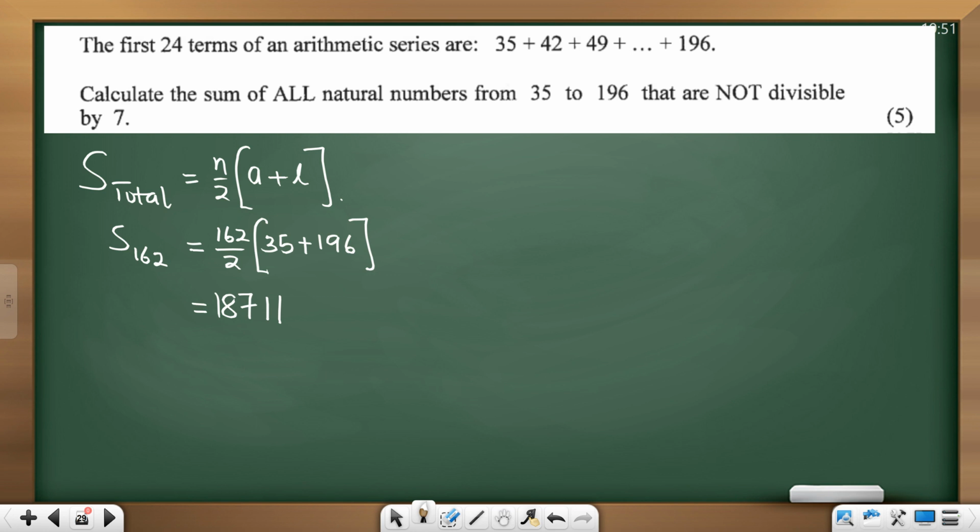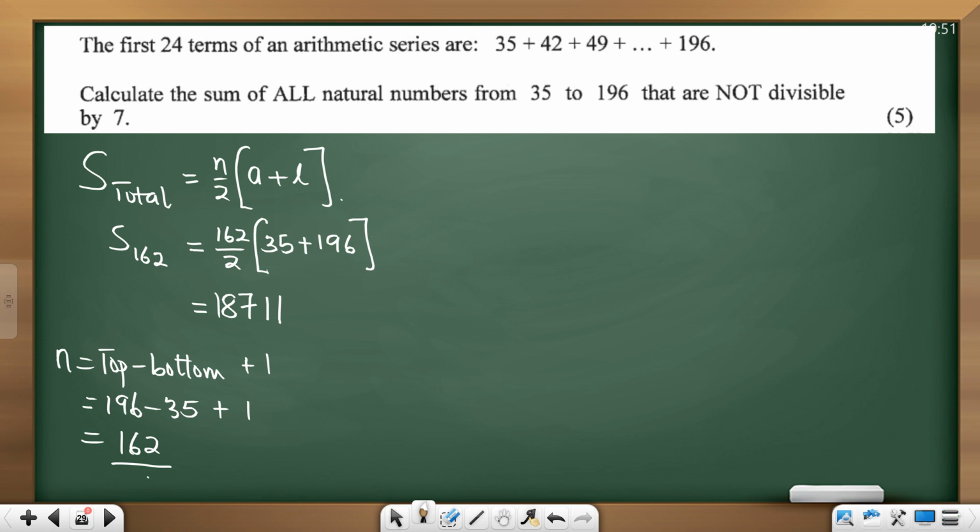The number of terms is top minus bottom plus 1. What is the top? 196. What is the bottom? 35. Plus 1. That's how we get the number of terms. Okay. We good?